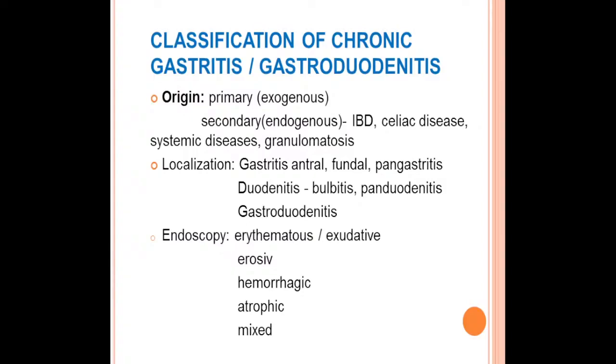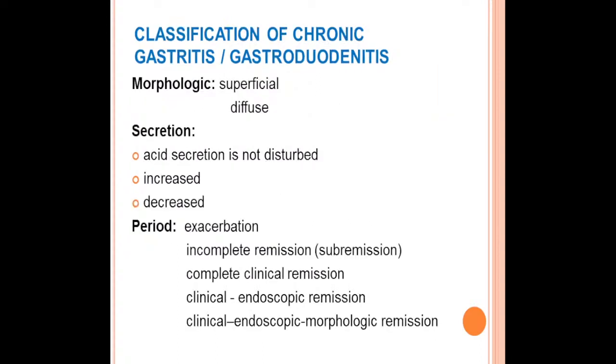It may be erythematous, a superficial exudative process, or develop into erosive, hemorrhagic, atrophic, and mixed forms. What is mixed? It may be erosive in the antral part, hemorrhagic in the fundal part, or in the duodenum, bulbitis may be erosive, erythematous, or an exudative process. It is named mixed.